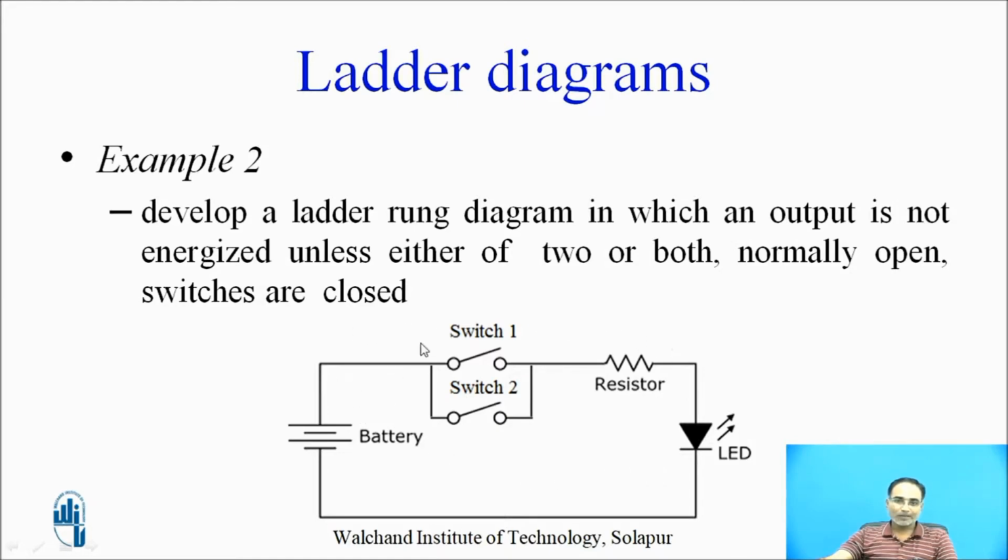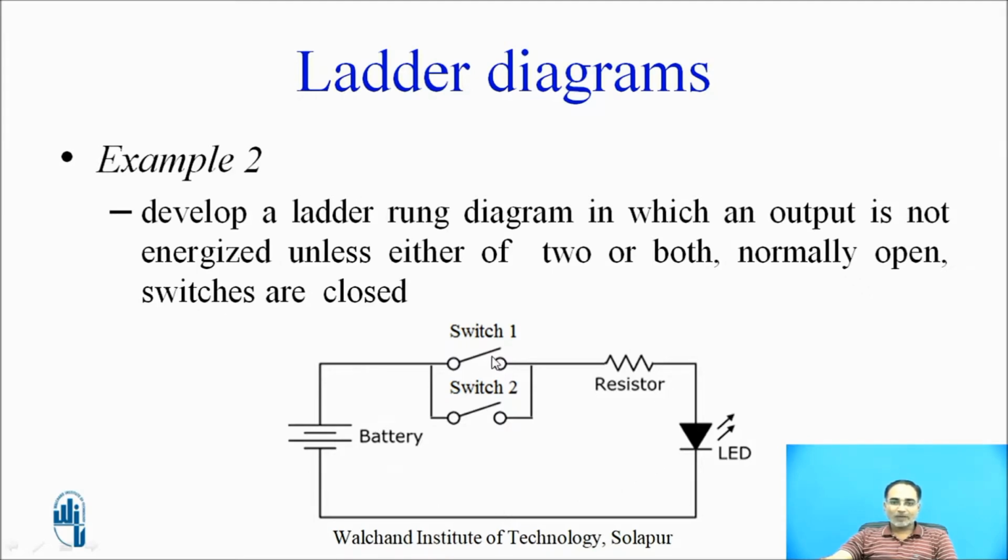This placement of switch 1 and switch 2 provides you the OR operation. If either of these two switches changes from normally open to closed state, for example if switch 1 is closed, the circuit will complete and the LED will glow.